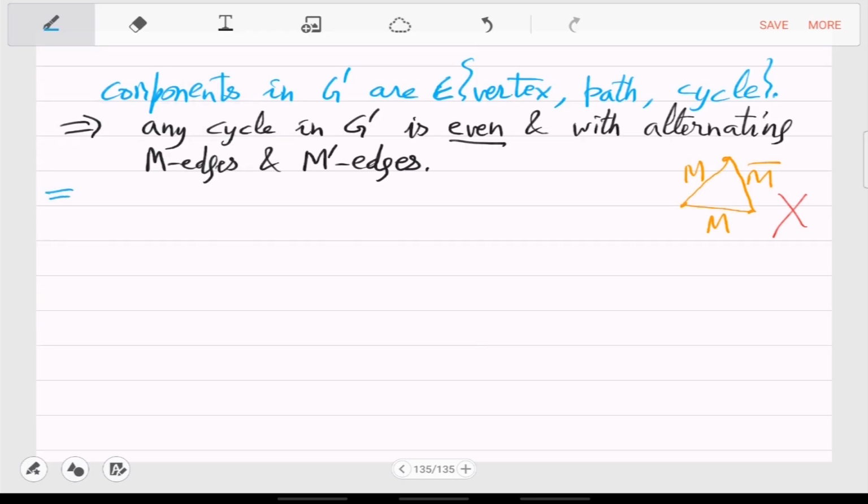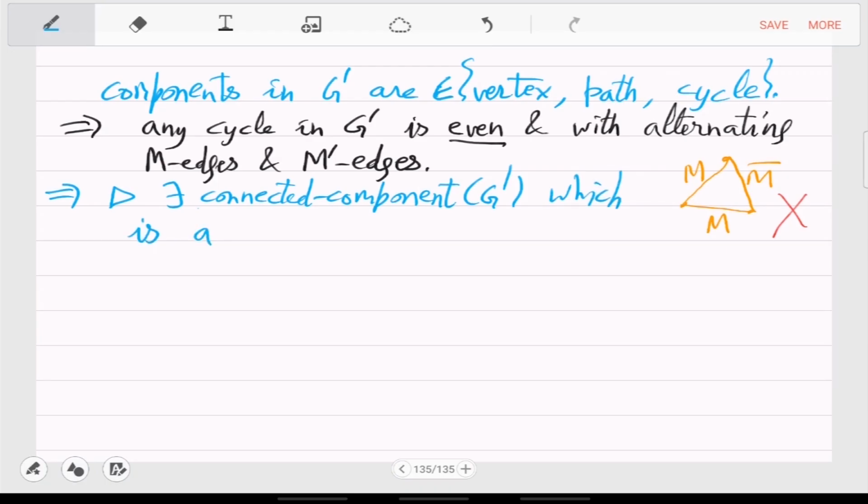What this implies is that there exists a connected component in G prime which is a path with M prime edges more than M edges.